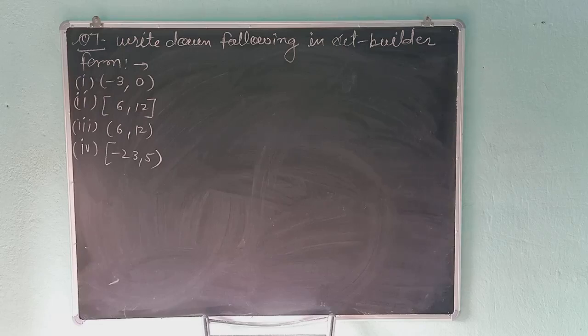Now, students, we have intervals only, and we want to change these intervals into set builder form. So students, how can we change it? Okay students, look at the blackboard.